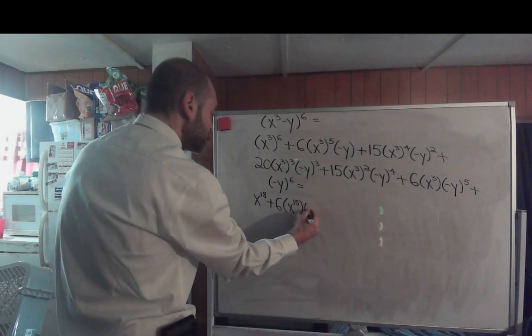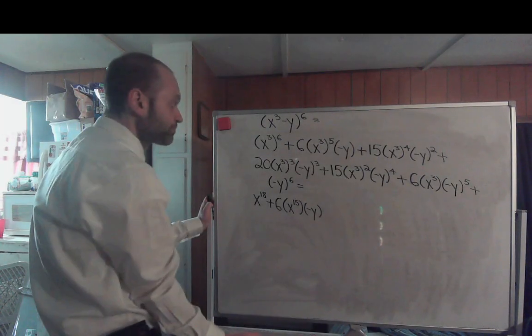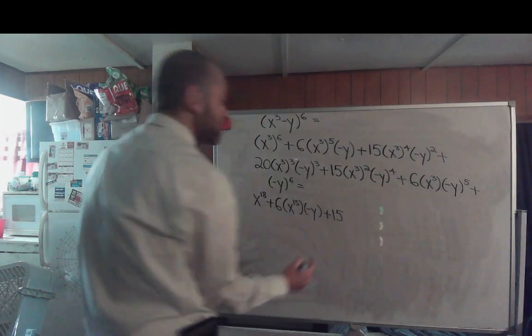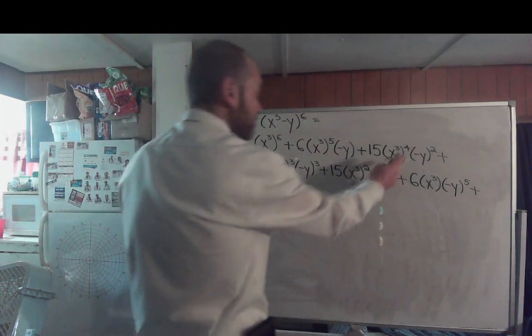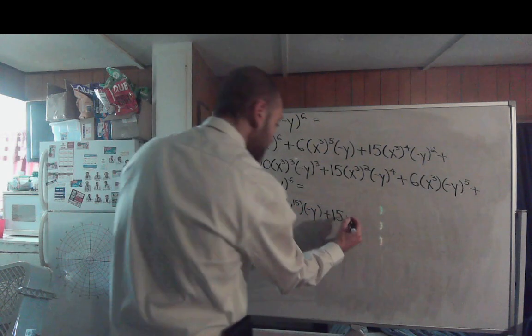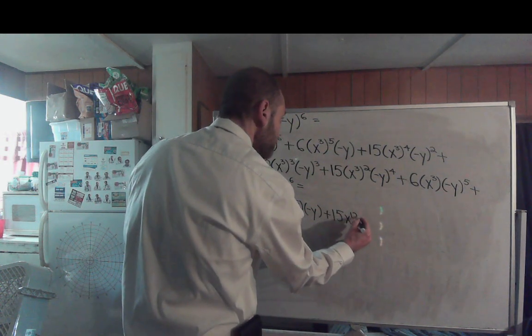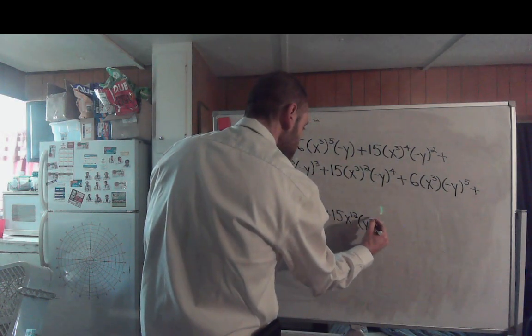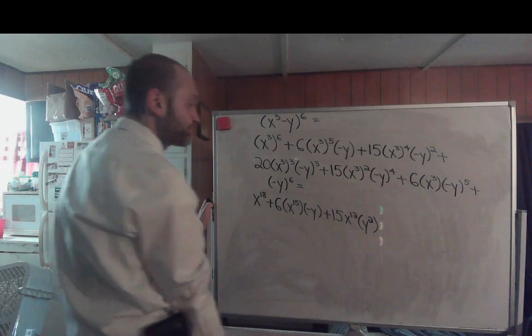Of course, times negative y. Plus I'll have 15 times my x to the third raised to the 4th. Well, that would be x to the 12th. Times my negative y squared. That would end up turning into positive y squared.